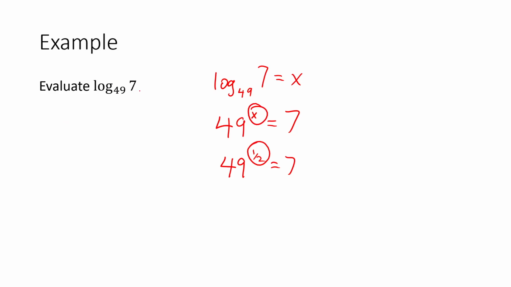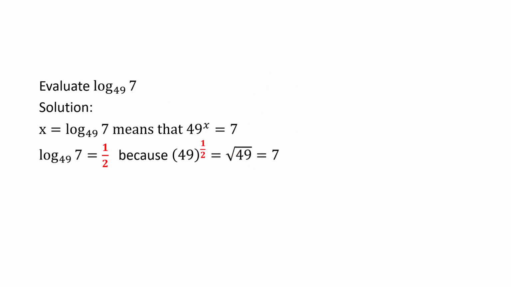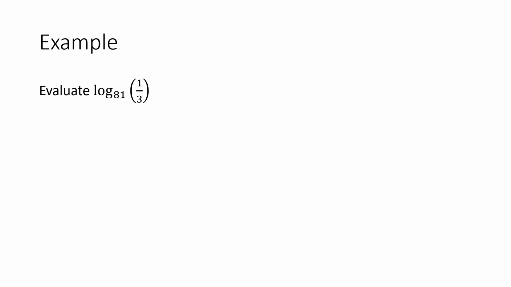So therefore, the log base 49 of 7 is 1/2. And that's our answer. Like it says there in red, the log base 49 of 7 is 1/2 because 49 to the 1/2 is 7. So you're asking yourself in these questions, what's the exponent that goes on the base of that logarithm to give me the answer?